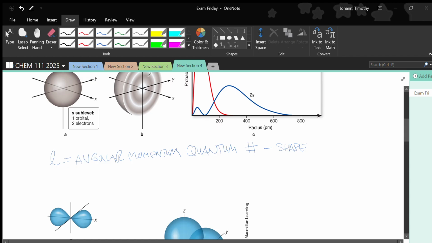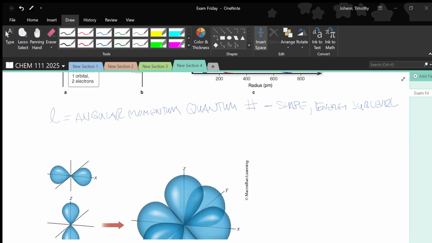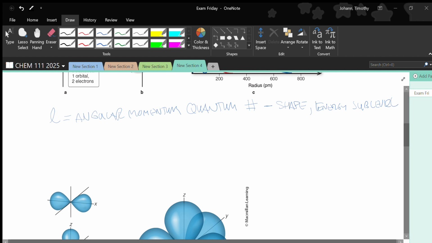It's going to tell us about shape, and you could think about it as energy sublevel. All right. When I say it's the shape of the orbital, it's often a collection of orbitals, not for the s. And let's talk about what the possible numbers are.